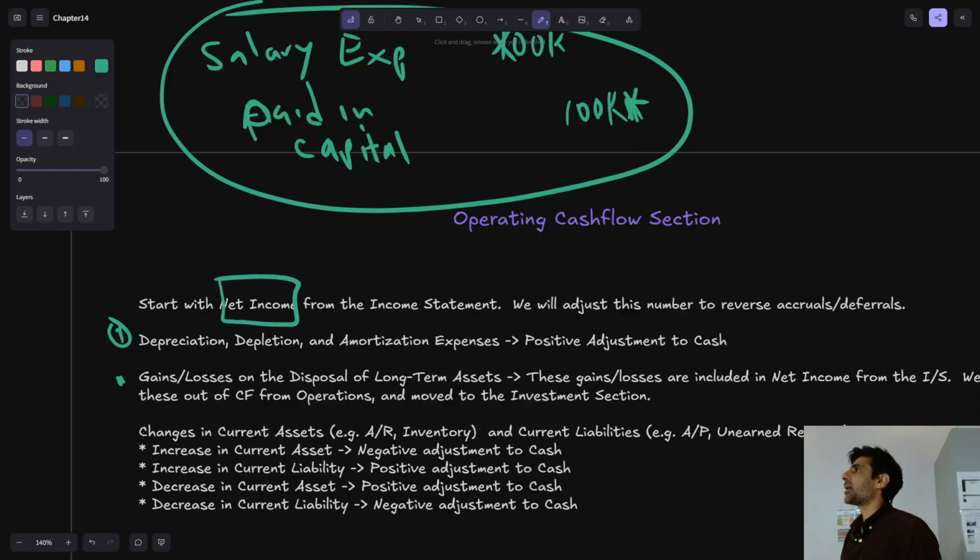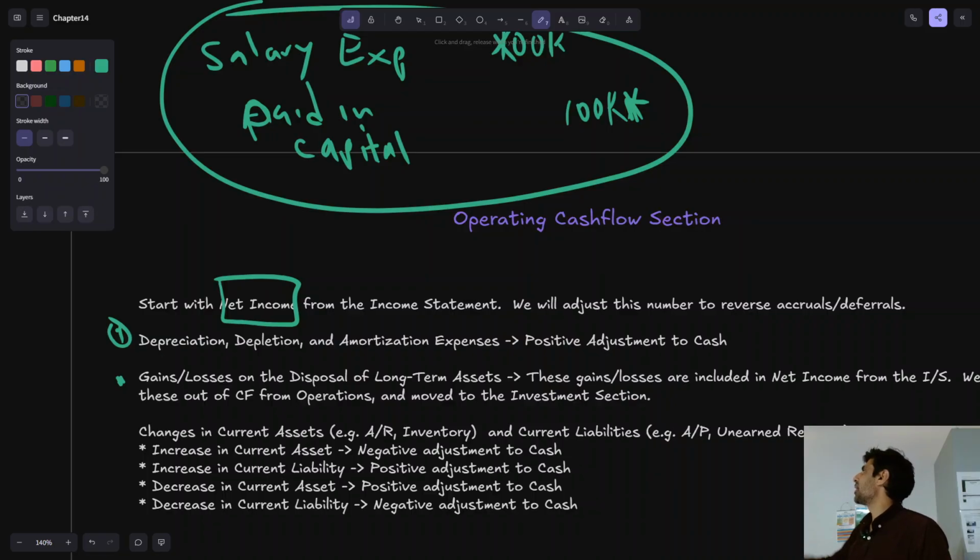Now, within net income, if you remember when we were calculating if we had a gain or loss on the sale of an asset, the gain was going to be in the income statement as other income, right? So this net income is including that gain on sale of your plant asset. But since we want to have all the cash flows related to investing activities and assets in that section, we're going to adjust it out of net income, because we want net income to just be the cash flow from the regular operations of the business.